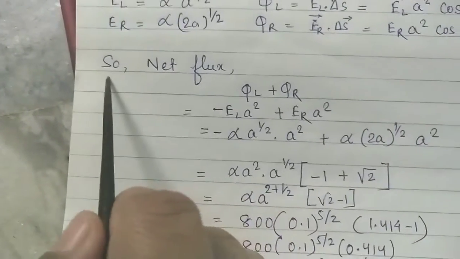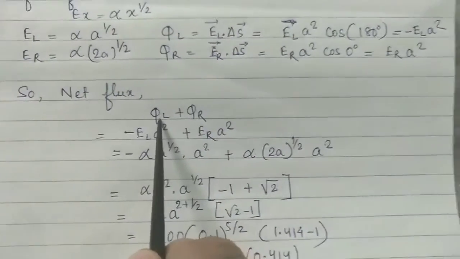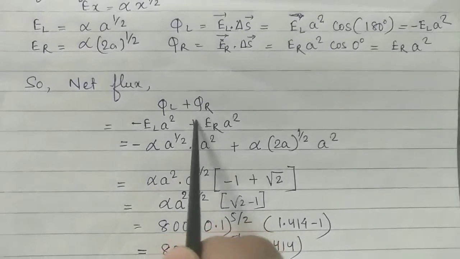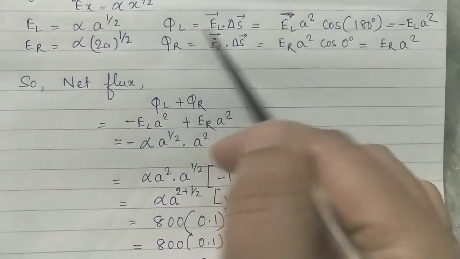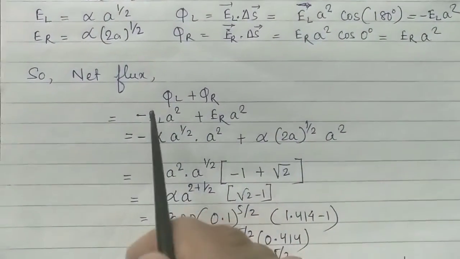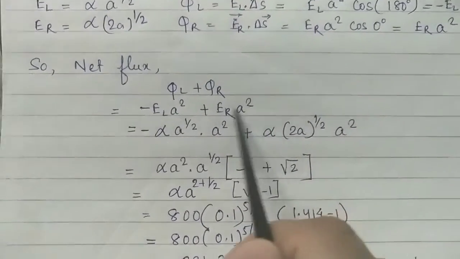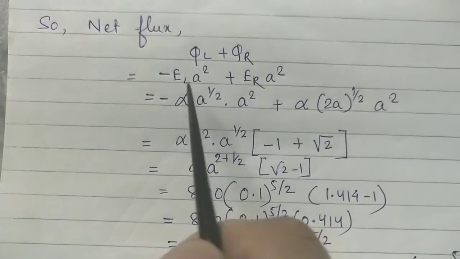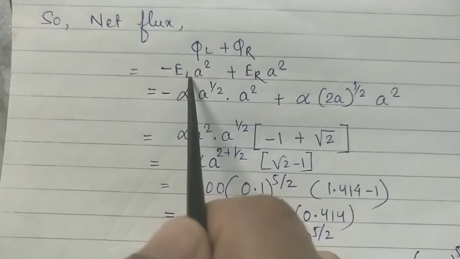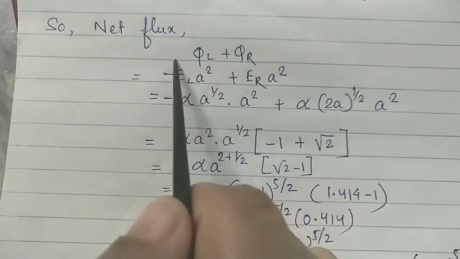Next, the total flux will be the flux through the left face plus through the right face. Flux through the left face is minus E L a square, flux through the right face is E R a square. We will add these. Now in place of E L, we will put the value as given. What is given?